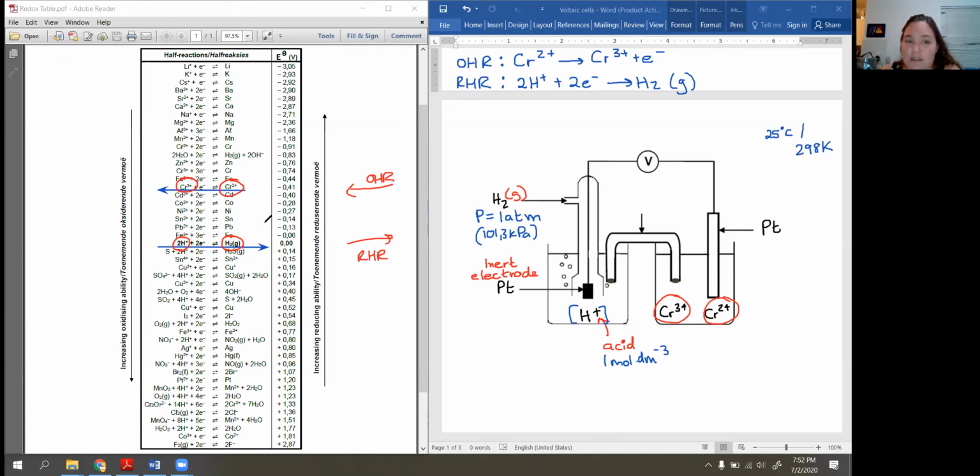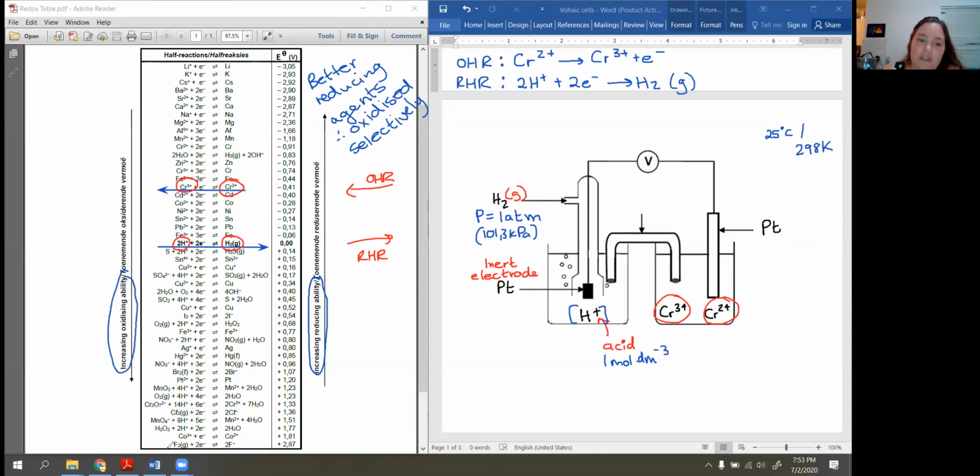And the reason is that the substances, if you look here, increasing reducing ability, the substances on the top, on the right-hand side, are going to be better reducing agents, which means that therefore they will be oxidized easily or oxidized selectively. Okay. If you read here, it says increasing oxidizing agent, says that the substances down at the bottom on the left-hand side are stronger oxidizing agents.